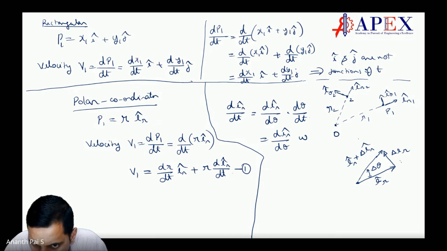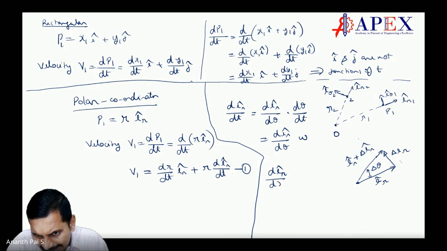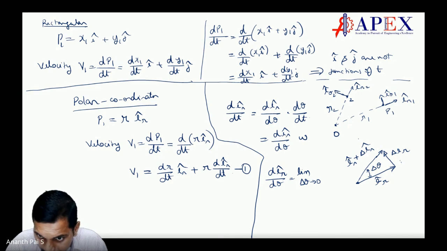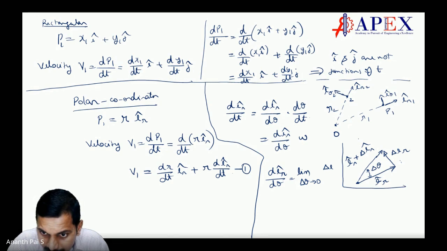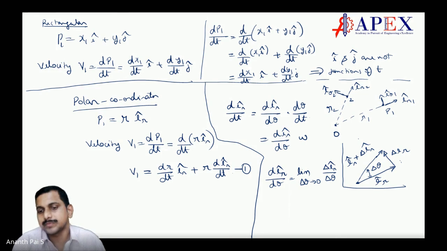Now if you want to calculate der by d theta, what is that? It is limit delta theta tending to 0, delta er divided by delta theta, correct, students?